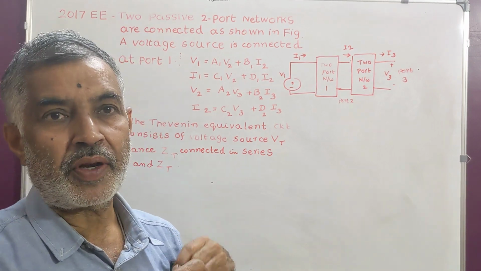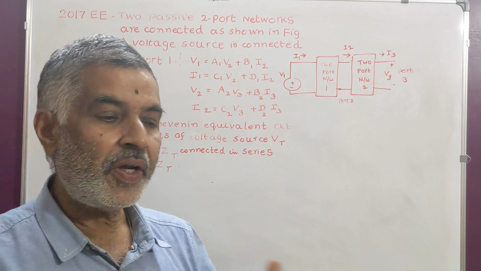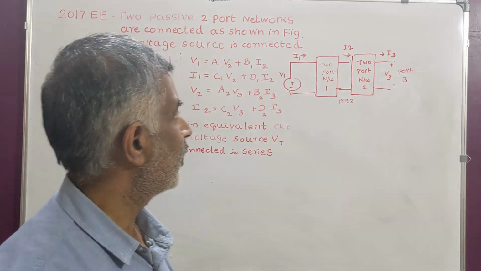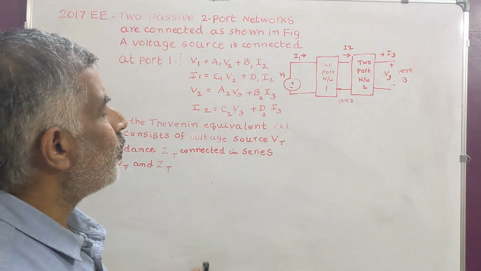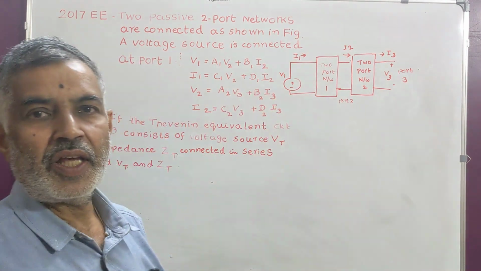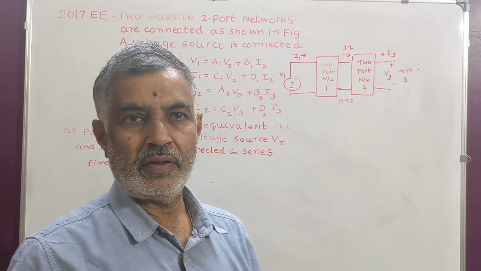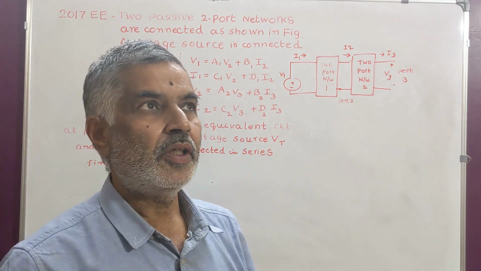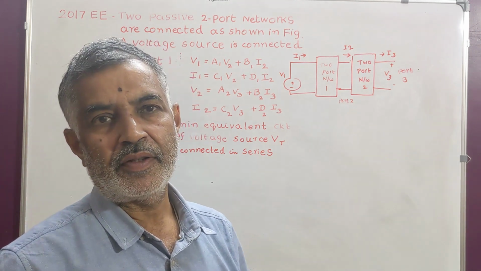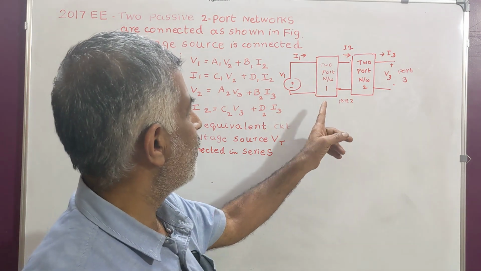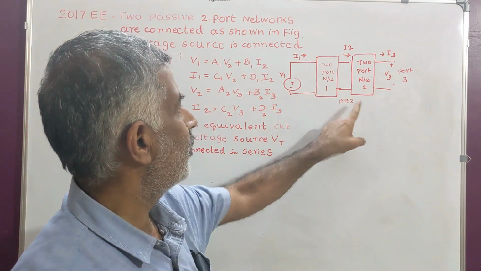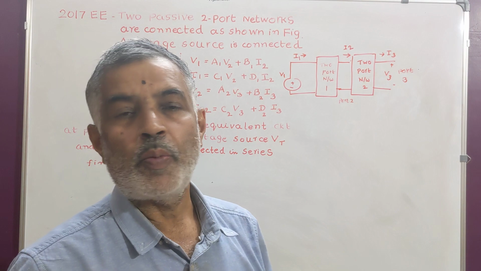Now, students must remember one property of cascade connection. When two-port networks are connected like this, what is the resultant two-port network? What is the resultant ABCD parameters? It is simply the product of the individual two-port networks.